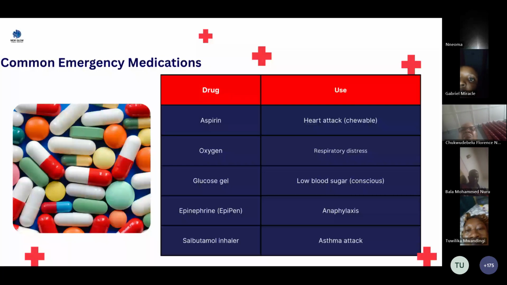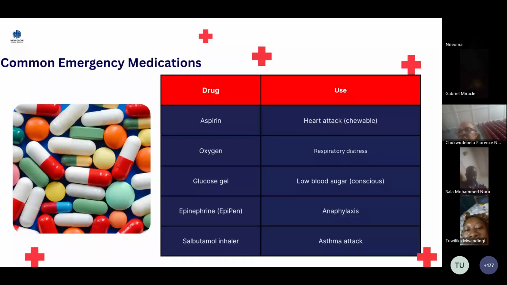Now, in the case of asthma attack, like I said earlier, there's something called the salbutamol inhaler. How many of us know people that have asthma, that there's one small thing that they used to carry around that they'll just puff into their mouth? If you know it, please type in the chat box. Okay, very good.